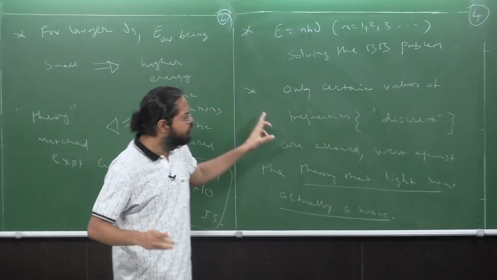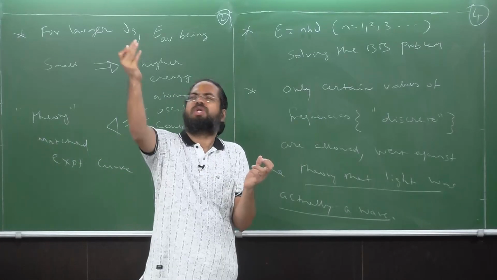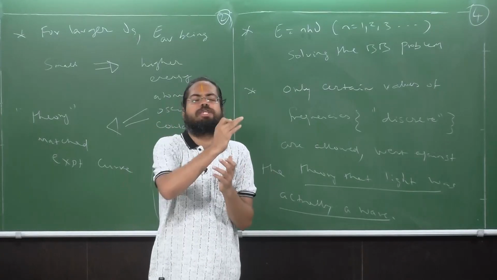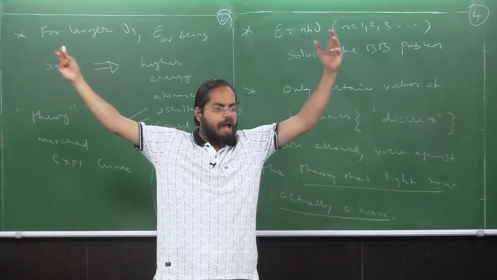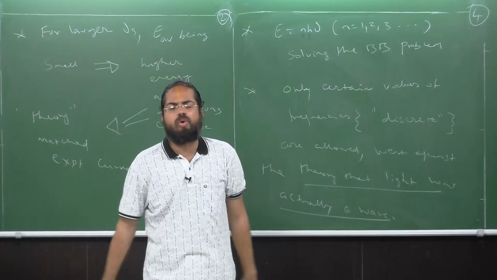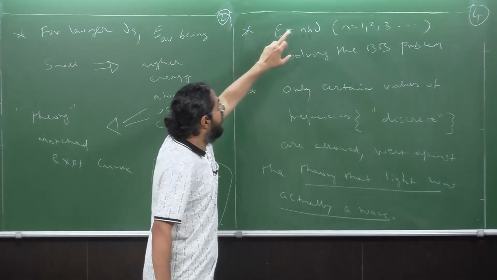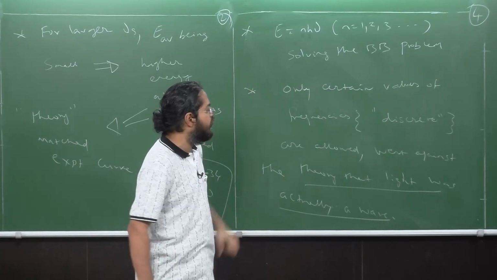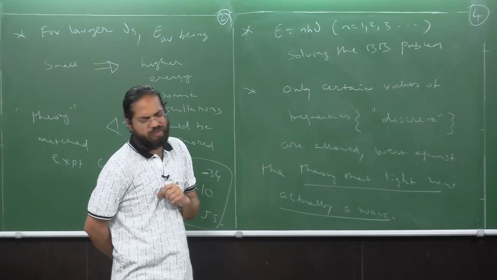Well, you see why, right? Because if light were a wave, why should the light wave only be limited to certain frequencies, especially when we know that the electromagnetic spectrum spans a whole lot of frequency range, and there is no need for any particular frequency to be disallowed, correct? So why is it that only certain values of frequencies are allowed? So this went against the notion that light was a wave.